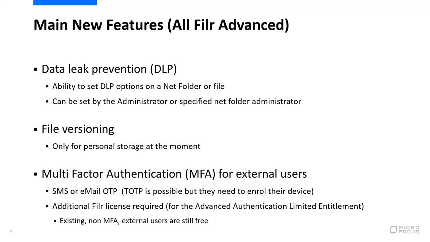Just be aware that there is an additional Filr license required for this. It's a special external user license that gives you the Advanced Authentication Limited entitlement, which is the MFA mechanism that we use there. Just to make it clear, existing non-MFA external users are still free of charge.